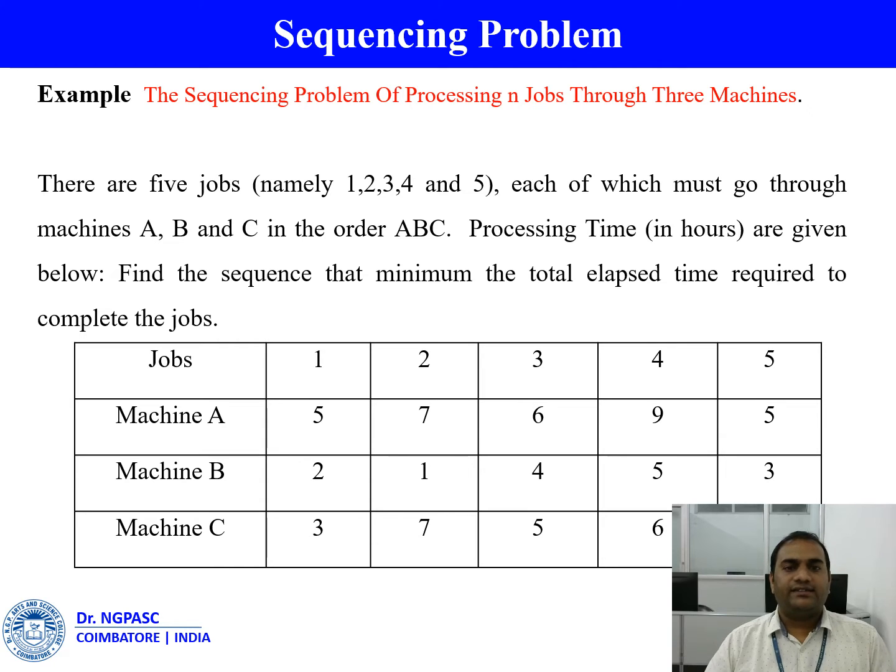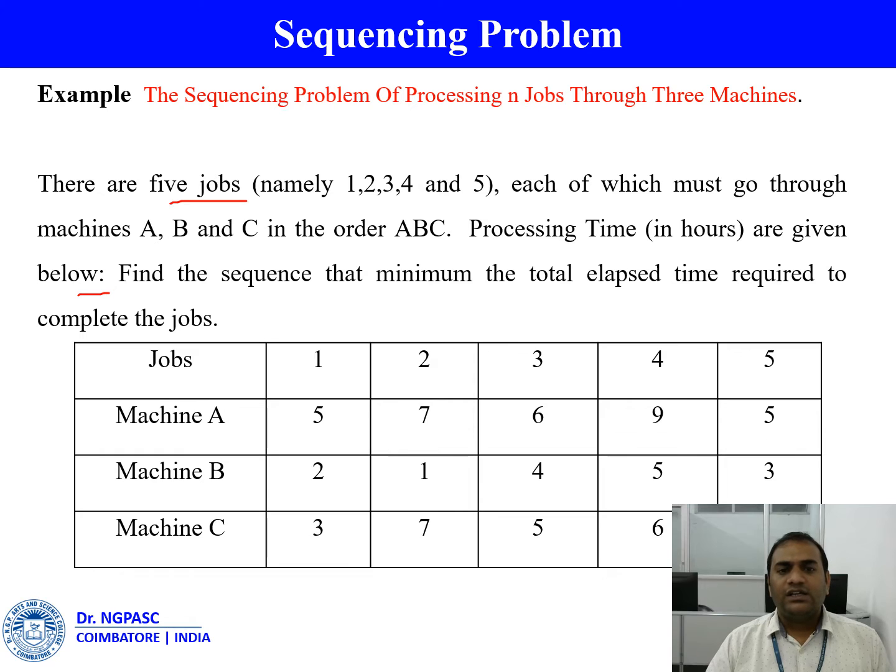Next, example. Sequencing problem of processing n jobs through three machines. Here, there are 5 jobs, namely 1, 2, 3, 4 and 5, each of which must go through machines A, B and C in the order A, B, C. Processing times in hours are given below.